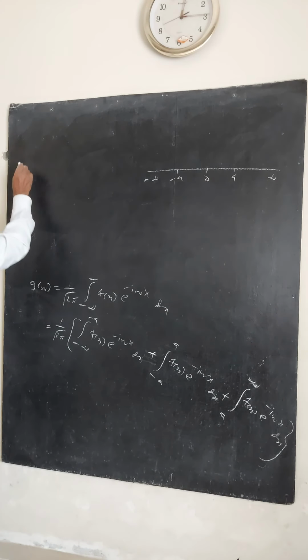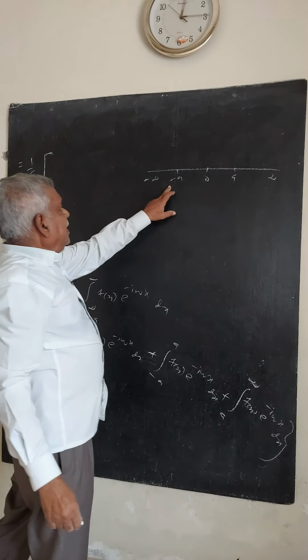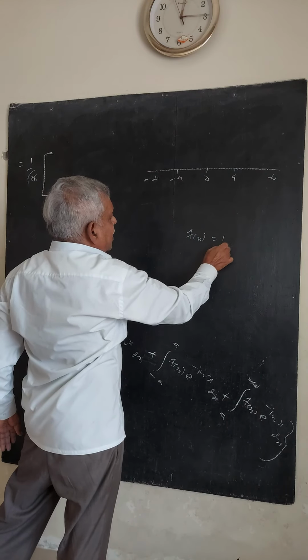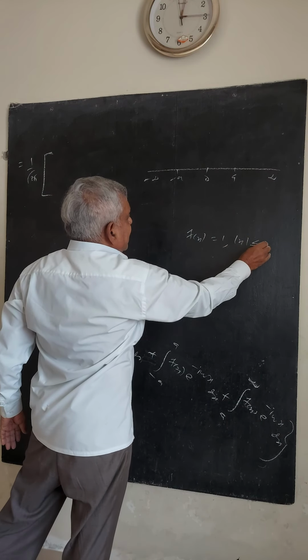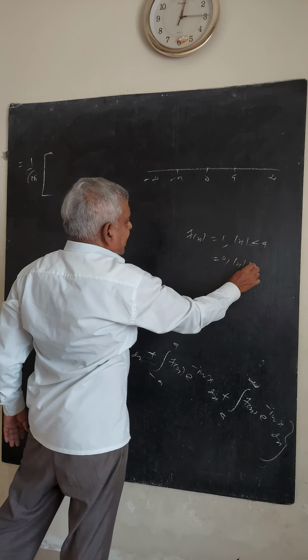In this, 1 by root of 2 pi: see, from minus infinity to minus a, f of x is 0. We have already written f of x is 1 for modulus of x less than or equal to a, and 0 for modulus of x greater than a.